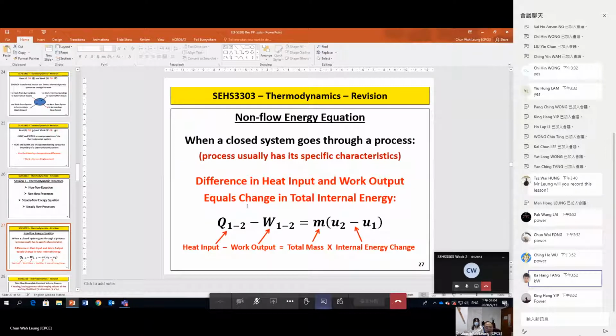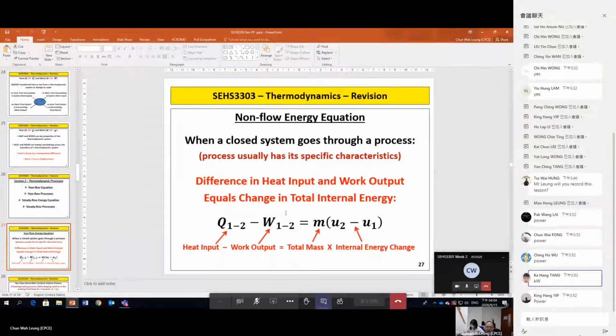So don't forget, they are also energy. If there's any difference between these two energies, then this energy will either be going to the fluid to increase the internal energy from U1 to U2, or be taken away from the fluid such that the energy will be decreased from U1 to U2, depending on which one is bigger, right?